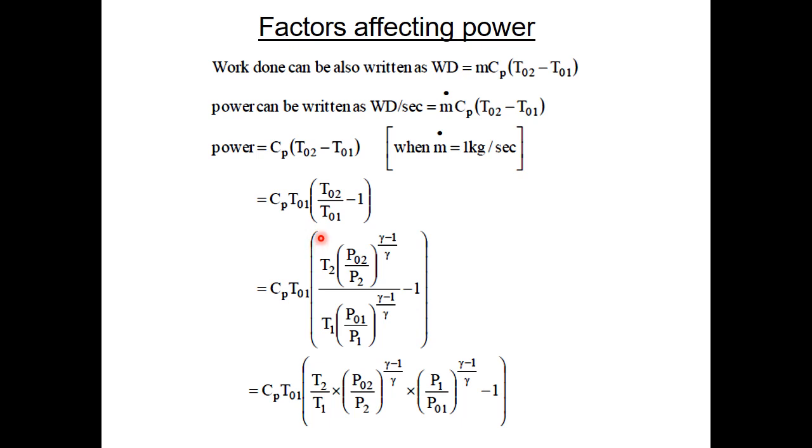Now here what we are going to do is apply the temperature pressure relationship for an adiabatic process which we saw earlier. We will use that relationship to substitute for T02 and T01, both numerator and denominator.